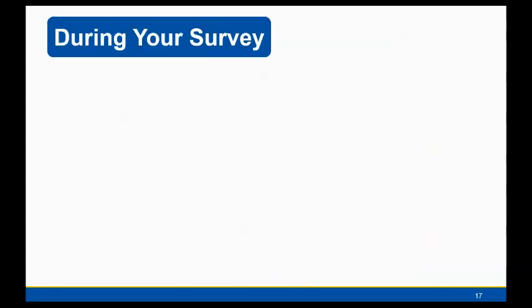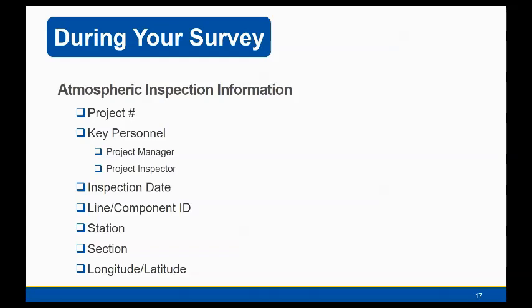So during your survey, there's some key information that you're going to want to collect. What's something to note here is this may be a pipeline that you've always inspected year in, year out, or this could be actually a new pipeline. There are so many mergers and acquisitions going on that an AFE number or key personnel, a project manager or inspector, that may not really mean a whole lot.